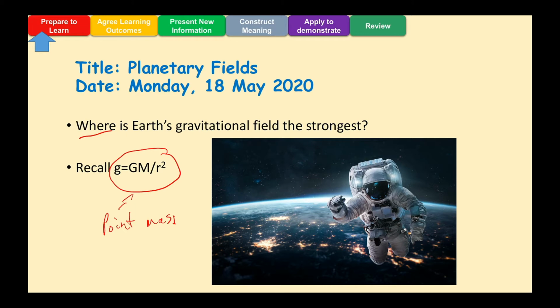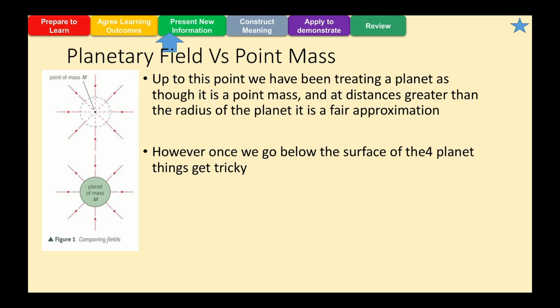Now, we treat planets as though they are point masses because the distance away that we are when we're doing a lot of these calculations is so big that it's essentially true. You're being pulled towards the center of mass, it's fine. All the force ends up directing towards the center of mass. Everything is pulling in the same general direction. However, we technically are not a point mass.